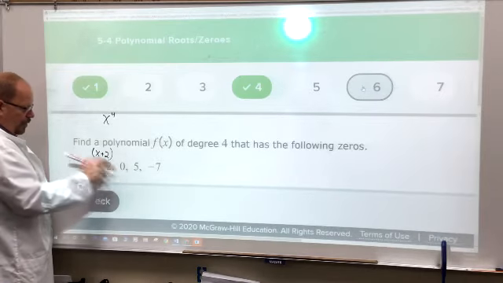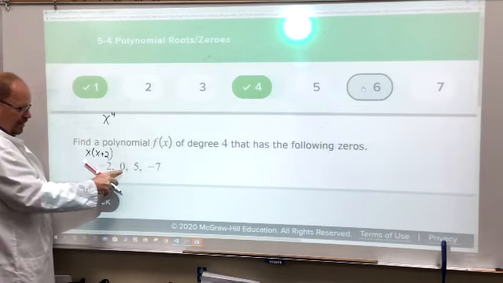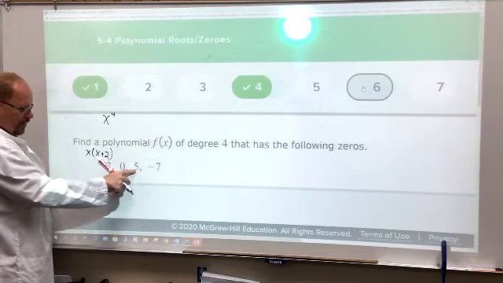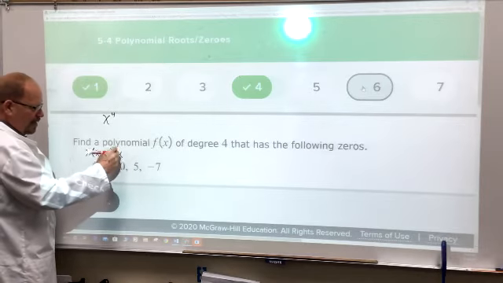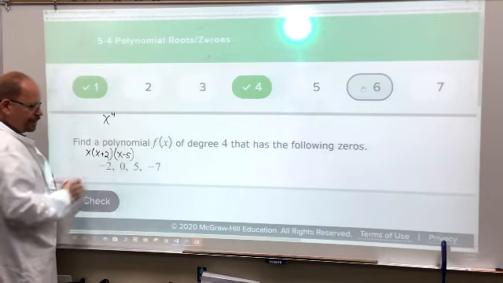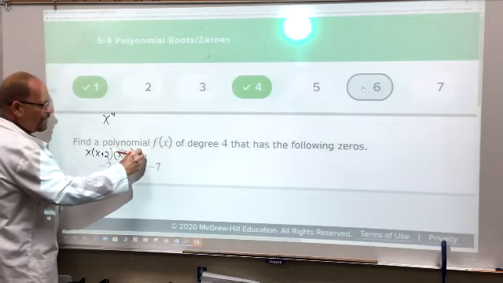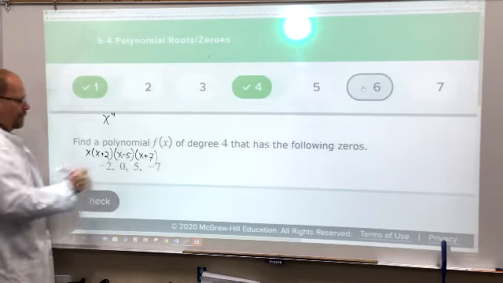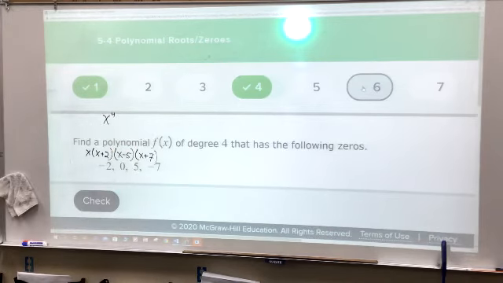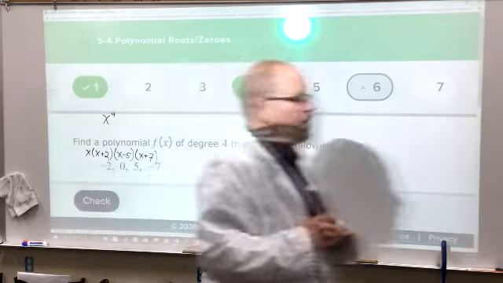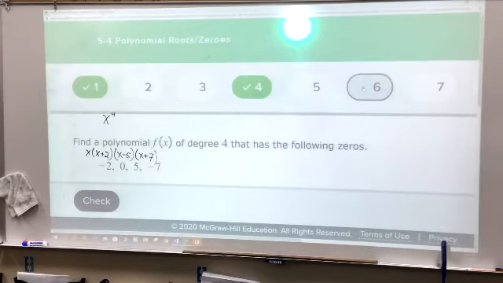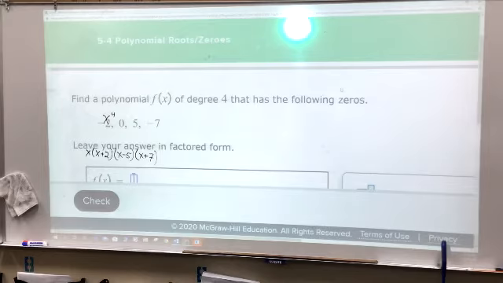What about this one? Just x. What about this one? x minus 5. What about this one? x plus 7. There is a 4th degree polynomial. Now, I don't know if it wants me to multiply it all out, so I'm going to save you and leave your answer in factored form.